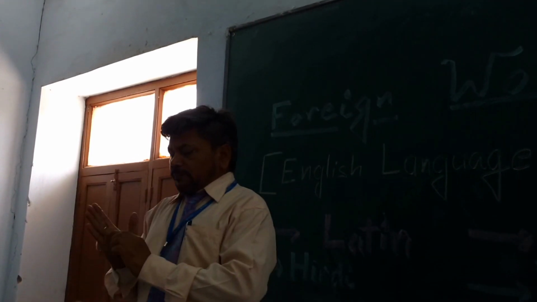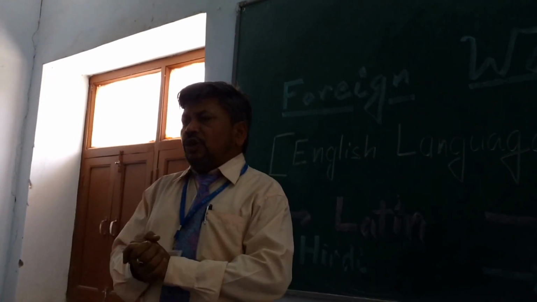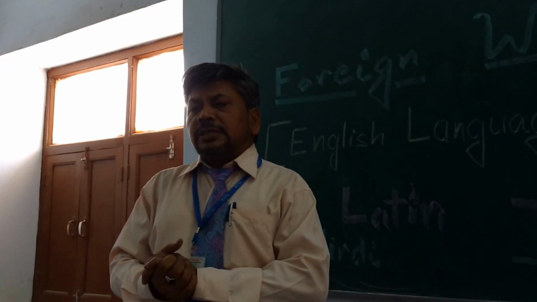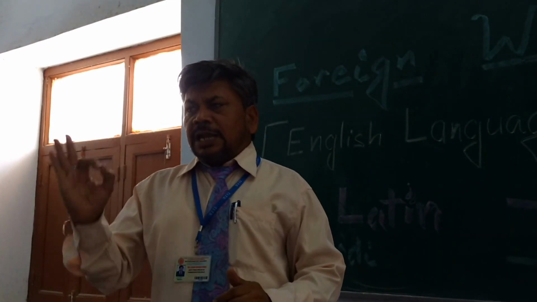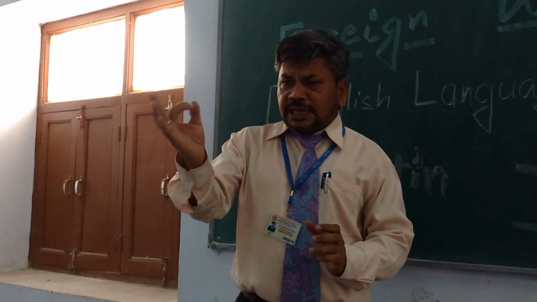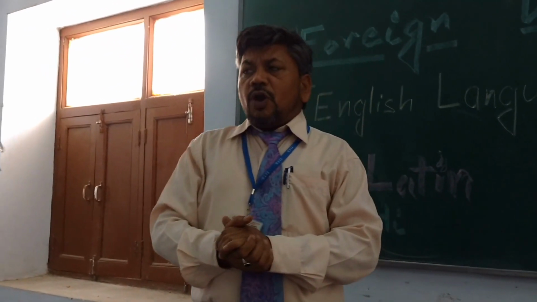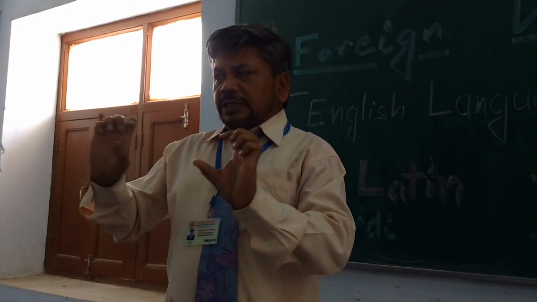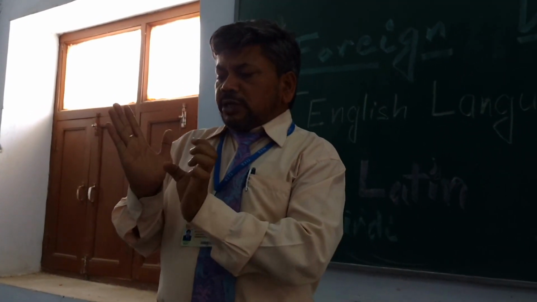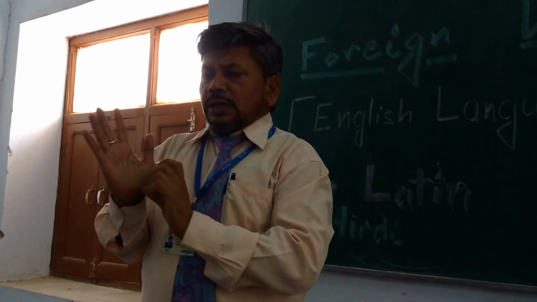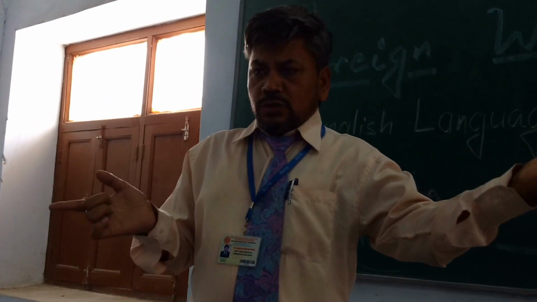A drama written by John Galsworthy, the name of that drama is Loyalty. In that play, John Galsworthy used a sentence: I was only looting a looter. Look at this sentence. Looting as gerund or verb, and looter as noun.